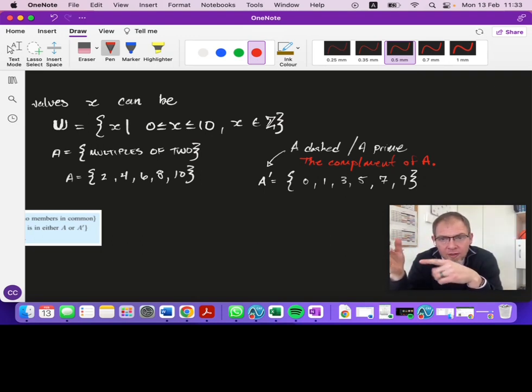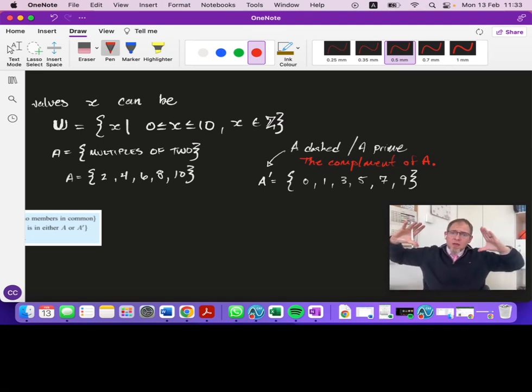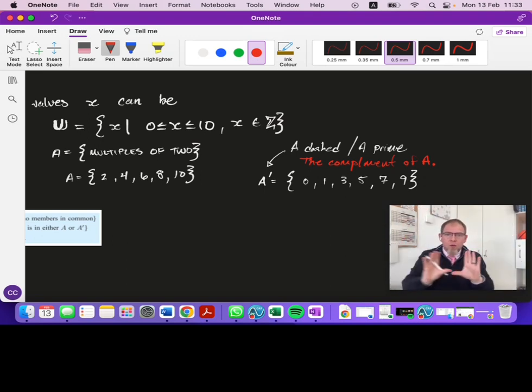If I've got one value, whatever's left is the complement. That's what's happening here as well. It's basically the same concept. So our universal set defines what we are able to look at and select from, and the complement says what's not in that A.